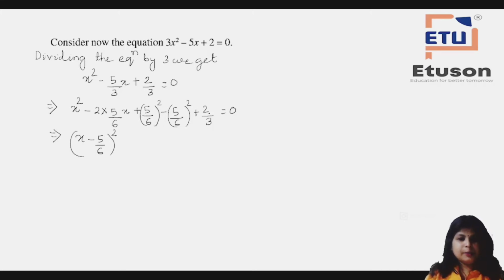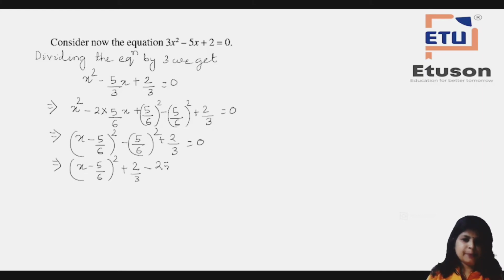So the remaining is minus 5 by 6 whole square plus 2 by 3 is equal to 0, right? So you will get x minus 5 by 6 whole square plus 2 by 3 minus 25 divided by 36 is equal to 0, right?